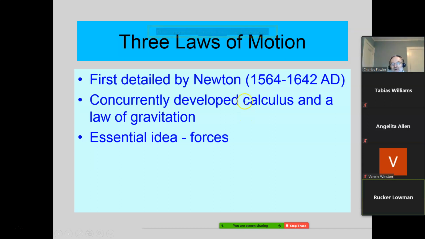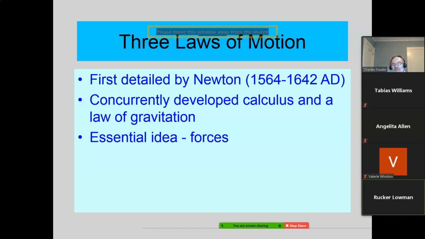The three laws of motion were first detailed by Newton. Notice they didn't say developed or invented or discovered by Newton. They were detailed by Newton. And one reason for that, the first law of motion that we're going to get to in a minute, was actually fairly nicely stated by good old Galileo, who came one generation ahead of Newton.